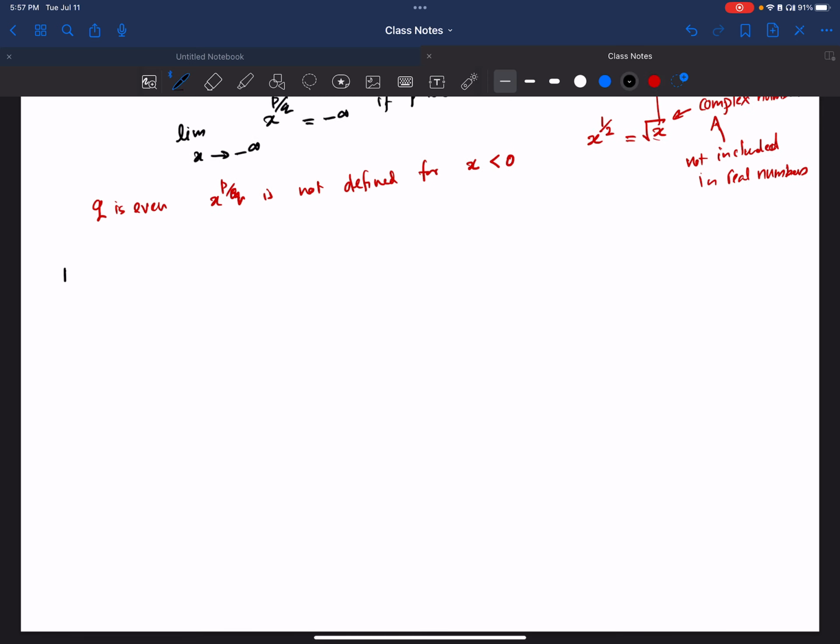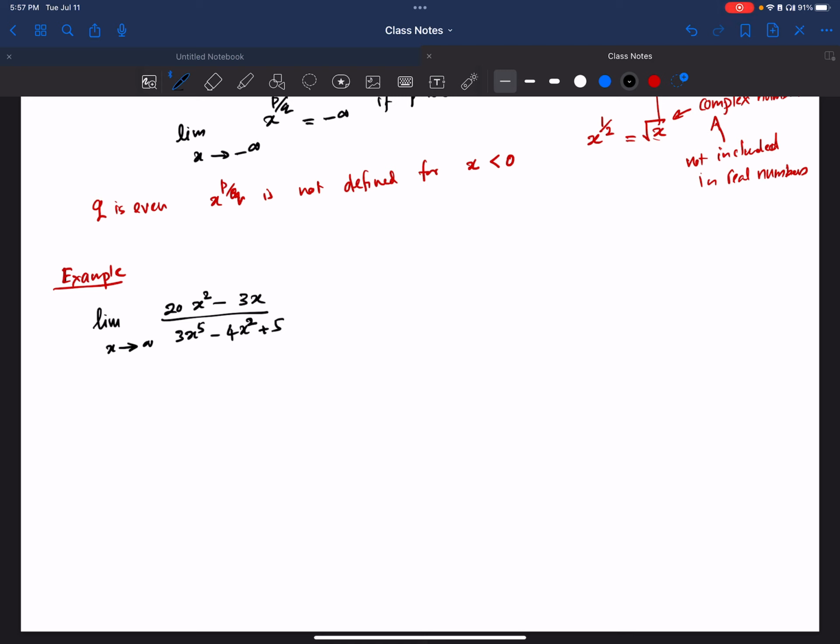Let's work on an example. Example one. Calculate the limit as x goes to infinity of 20x squared minus 3x divided by 3x to the power 5 minus 4x squared plus 5.